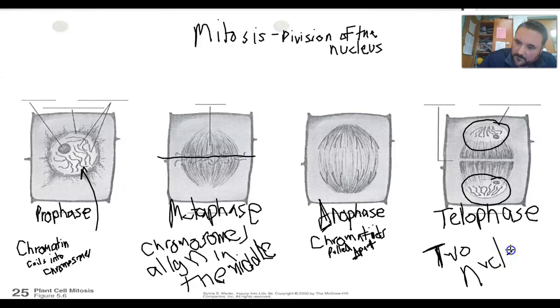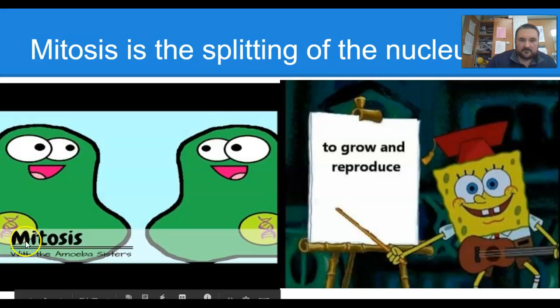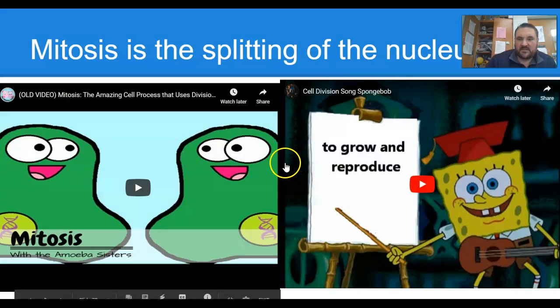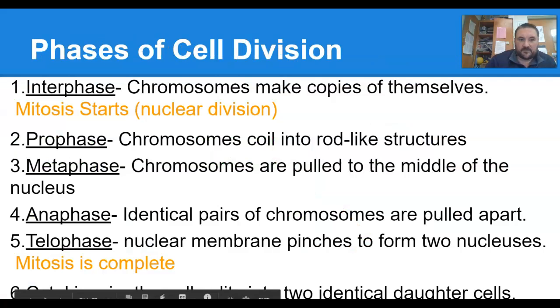Nucleuses is not a word. Make sure you guys watch these videos at home. They're really good, whether it would be the Amoeba Sisters or this one here where the girls in one class made a SpongeBob video. It's super good for mitosis.